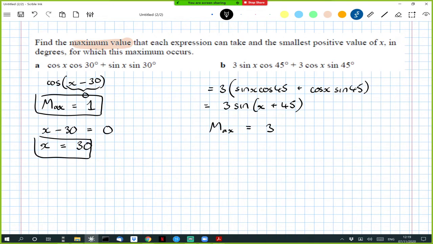We're talking in degrees here, so 90 degrees is where the maximum of sine happens. So we want this angle here to be 90. That's where the maximum of sine occurs. So x plus 45 equals 90, which means that x equals 45 degrees.